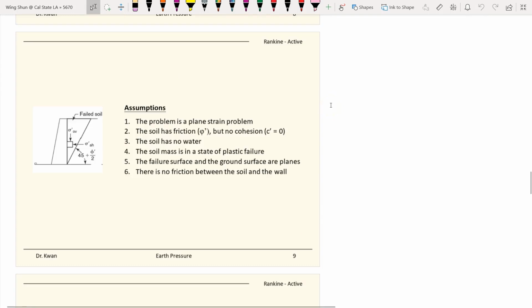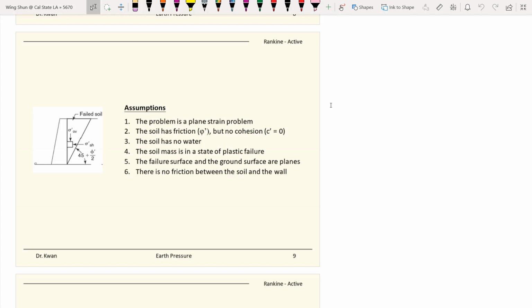Okay, next, we talk about the Rankine theory. This time, the Rankine theory is more focused on the stress state, rather than a block or wedge failure where you assume a rigid body or solid mass that goes down.